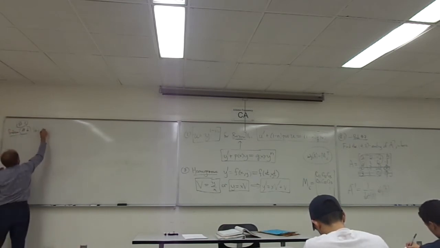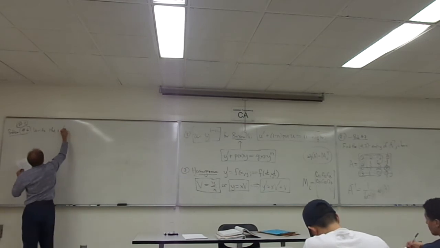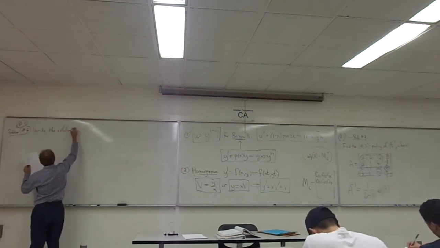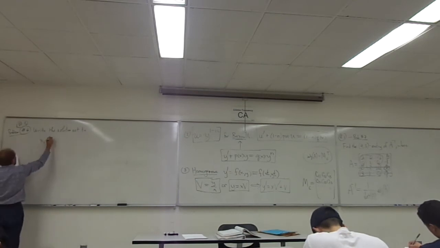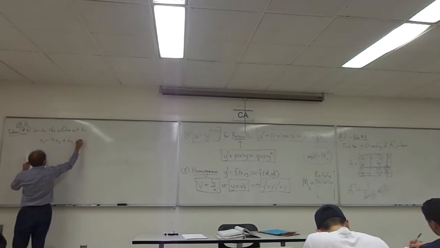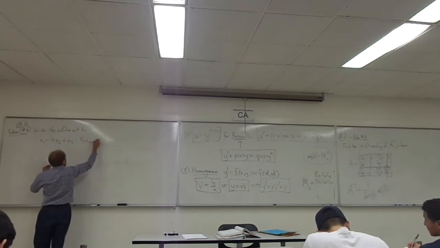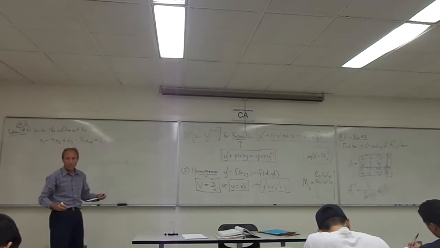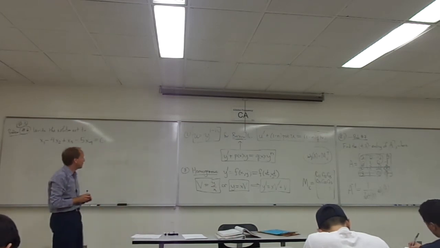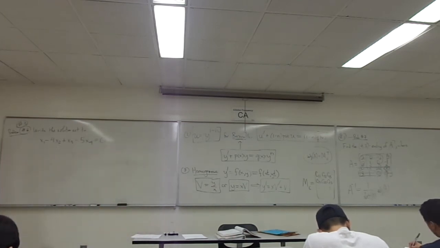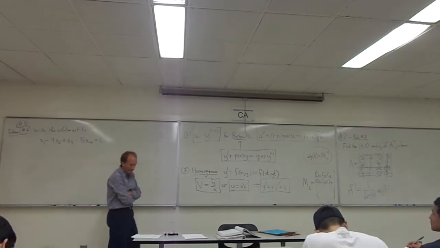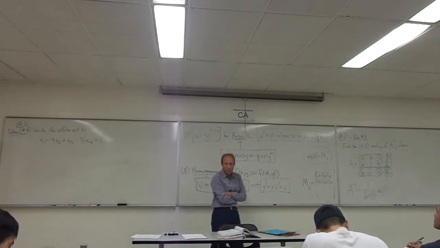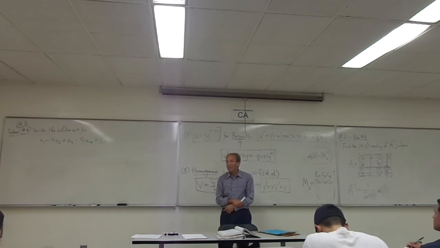It says, write the solution set to the equation x1 minus 4x2 plus x3 minus 5x4 is equal to 0. Write the solution set. So it's a linear system.